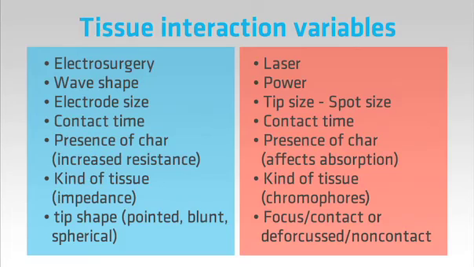Both use a gentle stroking action to touch the tissue, but only the laser can be used in non-contact mode. With electrosurgery, we change the wave shape to move from cutting to coagulation. With the laser, we can reduce the power, increase the distance, increase the pulse duration, and increase the exposure time to do this same switch.